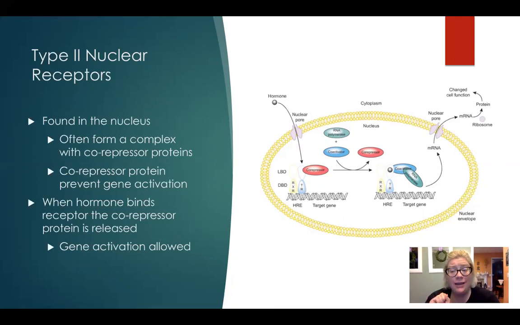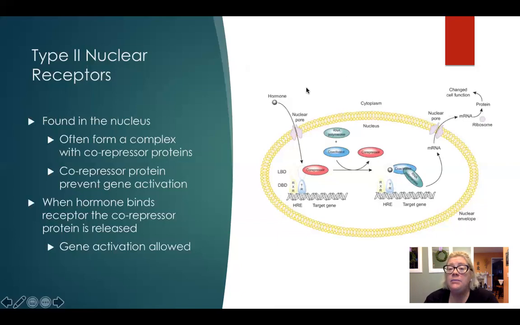Now, the interesting thing about the type 2 nuclear receptor is that often, prior to the hormone binding it, it is bound to something called a co-repressor. The co-repressor is a type of protein that is going to prevent the type 2 nuclear receptor from binding to the DNA if a lipid-soluble hormone is not present.